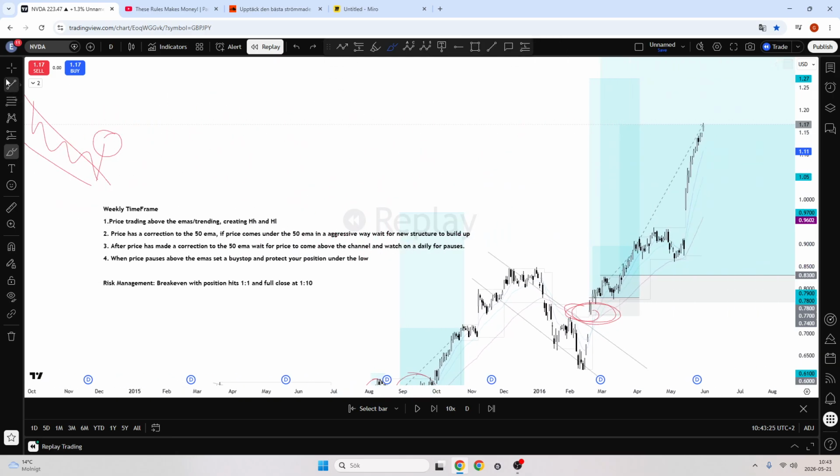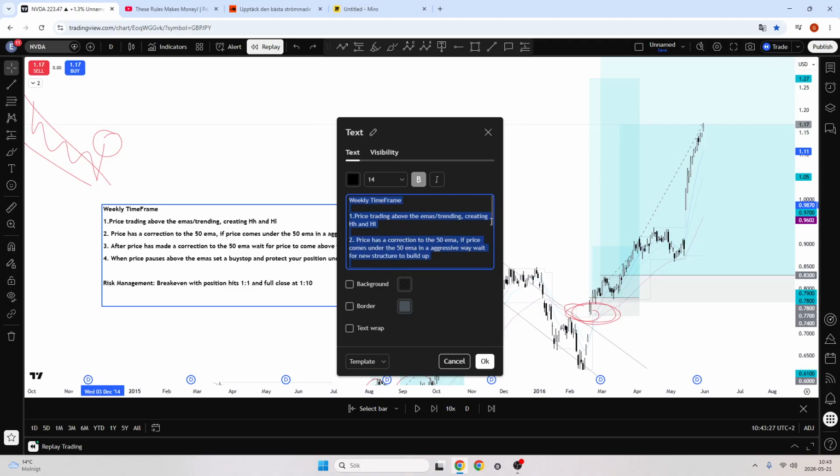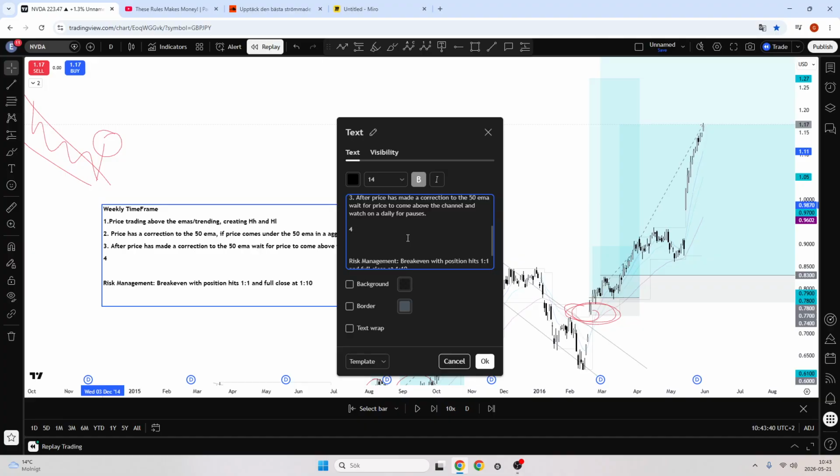All right. Wait for channel when price pauses above the EMAs. Okay, so we will change to this. Watch on a daily for pauses. We say that we want to see strong candles on a daily to the upside, and a pause on the uprising EMAs.